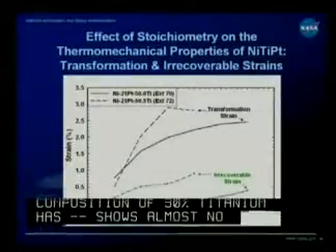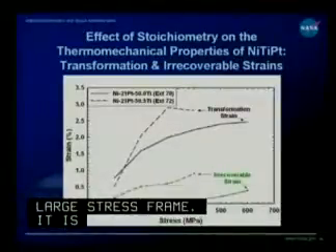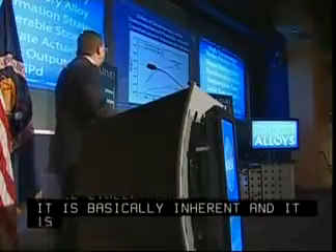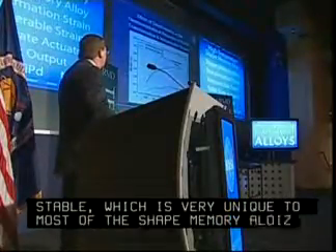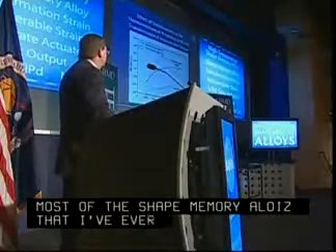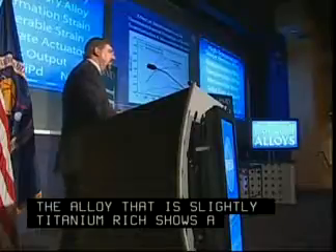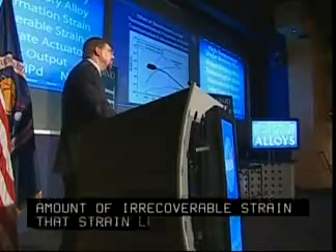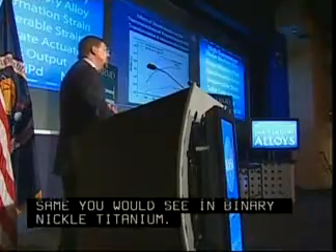It's inherently dimensionally stable, which is very unique to most of the shape memory alloys that I've ever seen. The alloy that's slightly titanium rich shows a larger amount of irrecoverable strain, but that strain level is about the same that you would see in binary nickel titanium at room temperature that was processed in a similar fashion. So for a high temperature alloy, that's not bad.